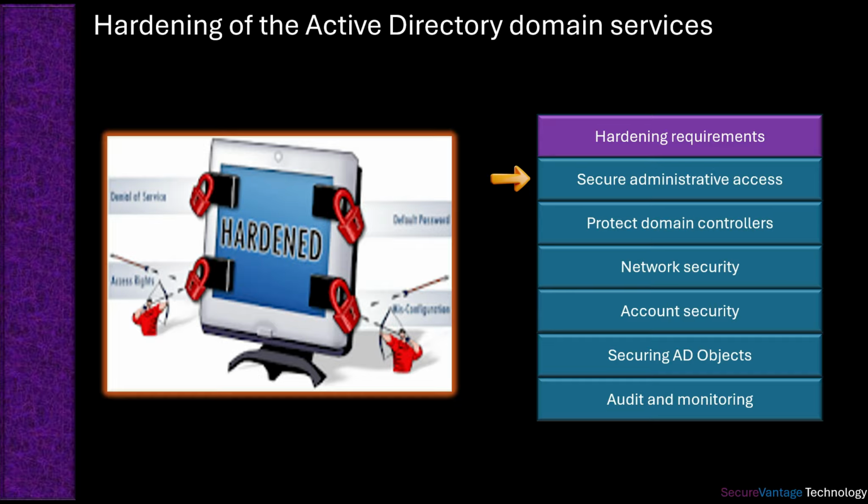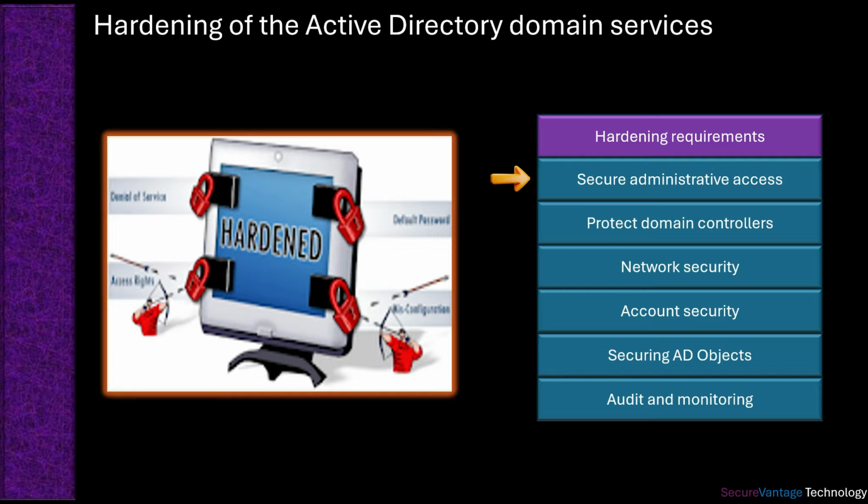To secure administrative access, you use dedicated administrative workstations for all administrative tasks to prevent credential theft from compromised workstations. Administrators should have the minimum necessary privileges to perform their tasks, and you should require MFA for all administrative accounts. How to achieve this?